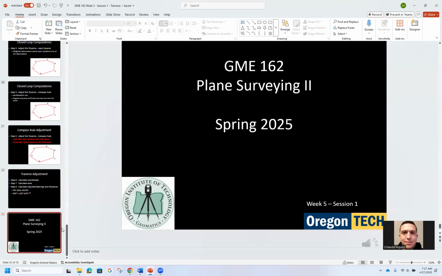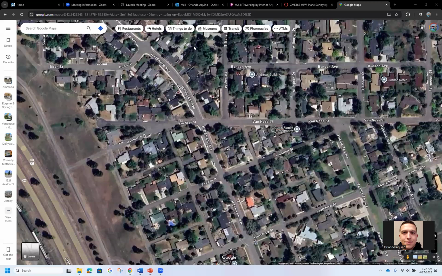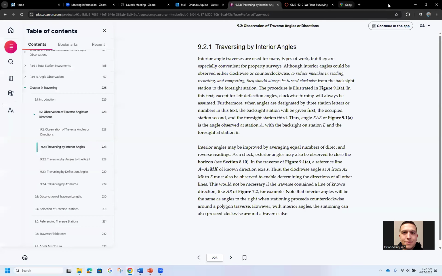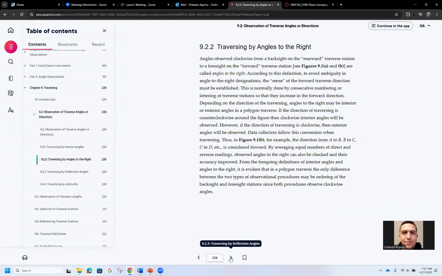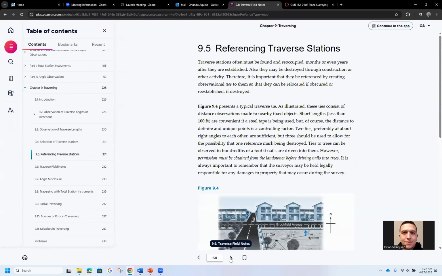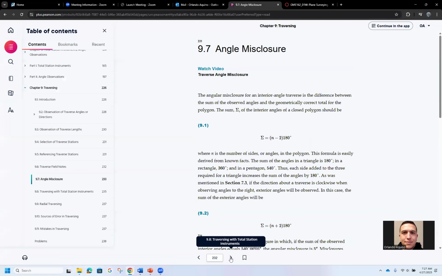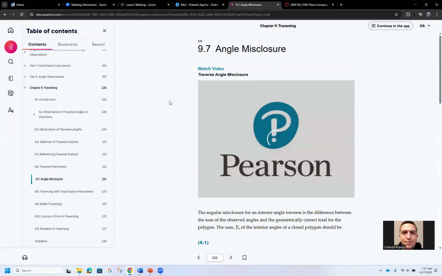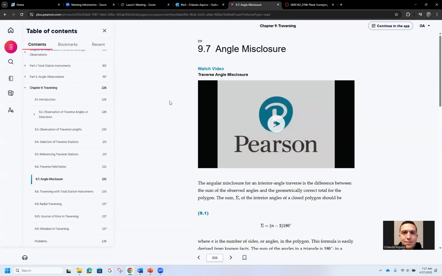So I'm going to post a couple videos from Pearson. They do a great job of discussing this. I'm going to post this video on field notes and angular misclosure on the YouTube page just to give you another recap, so you remember what we're looking for with the meat and potatoes of traverse closures.